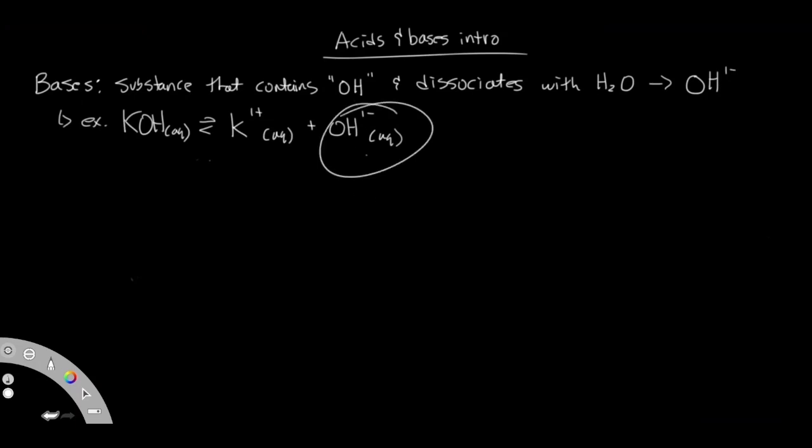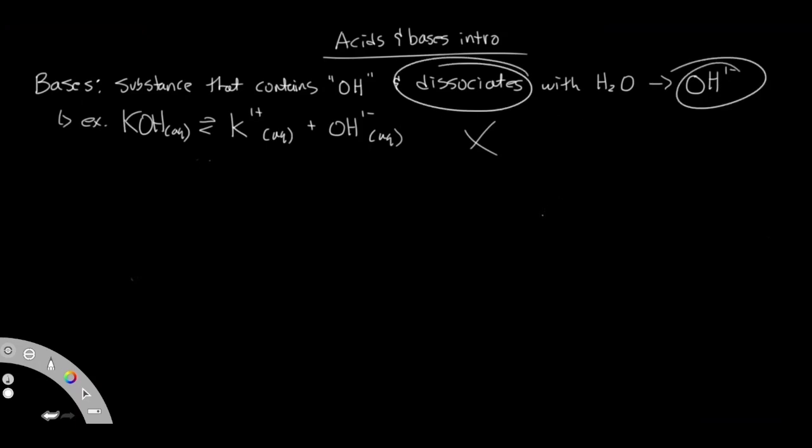It's releasing this OH minus because there is an OH in the actual name. However, it's not always just this simple. It's not just about this dissociation yielding this hydroxide, because hydroxide was part of the actual reactant. It's not just about that.